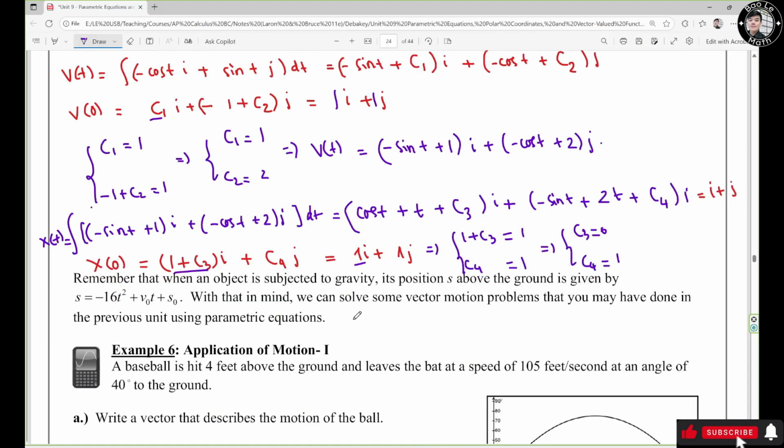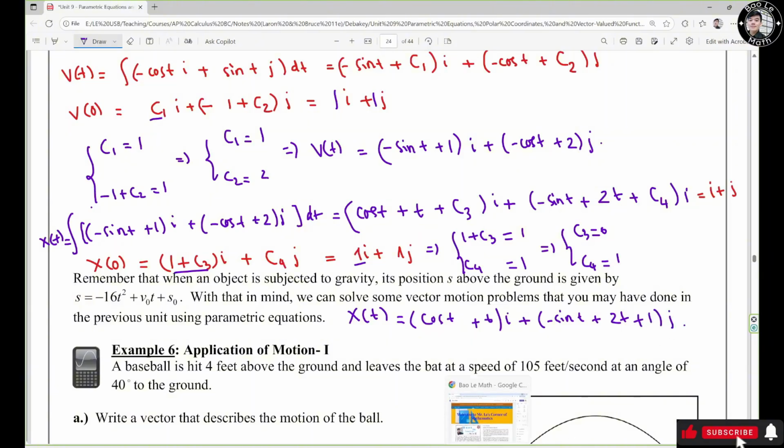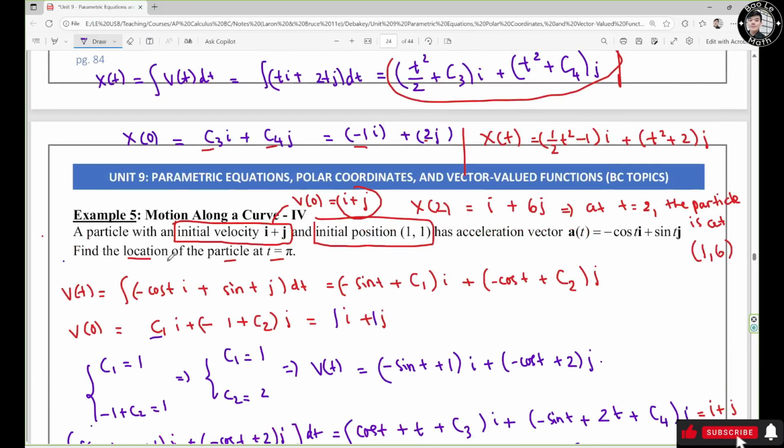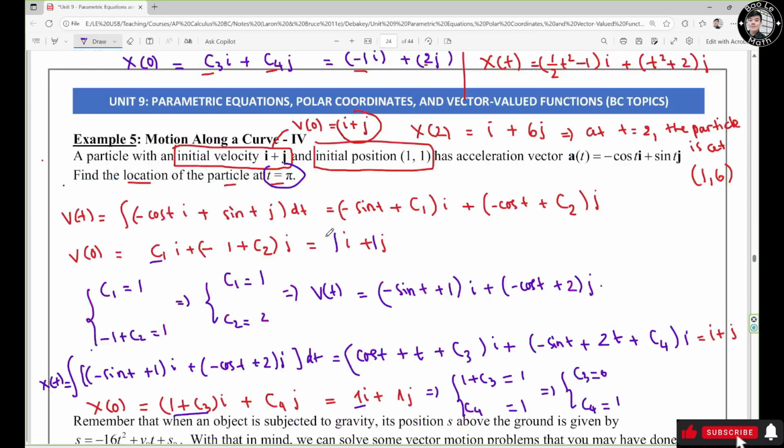Now my answer for the position function: S of t is cosine t plus t, plus C3 which is 0, right? This one is the i component, right? Now plus negative sine t plus 2t plus C4, which equals 1. This one is the j component, right? Now we need to find the location of the particle at t equals pi.